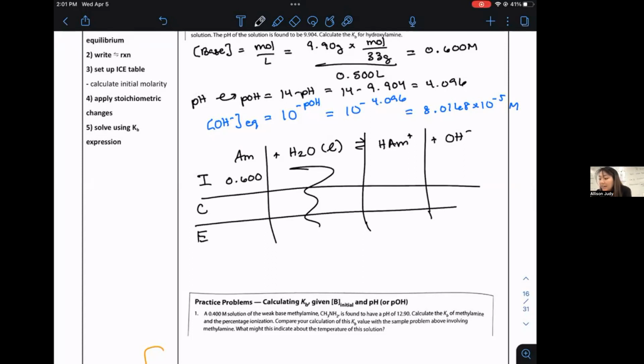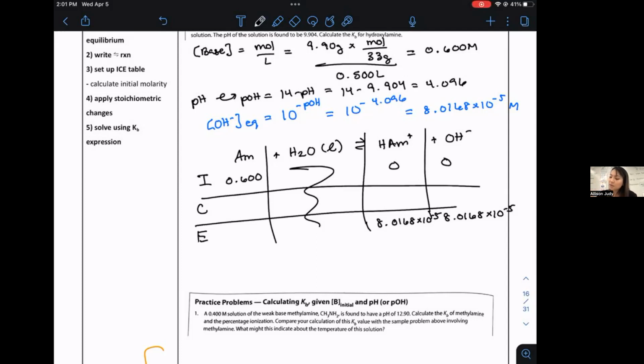I have my final, which is 8.0168 times 10 to the negative 5th, which by the way is going to be also everything else, 8.0168 times 10 to the negative 5th, because I'm in a 1-to-1 ratio with all of this. Only 1 proton is being exchanged and 1 hydroxide produced. Okay.